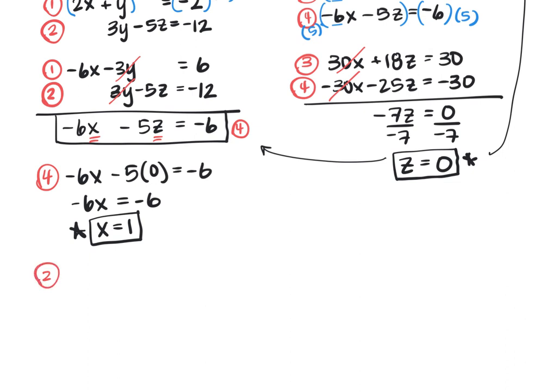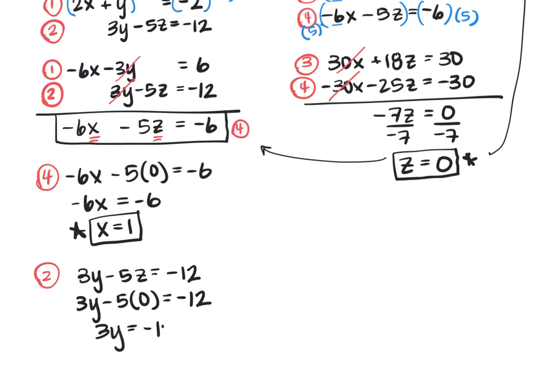So equation 2 was 3y minus 5z is equal to negative 12. But we have solved for z. We know that z is equal to 0, so I substitute that value back in. That gives me 3y is equal to negative 12. I divide by 3, and y is equal to negative 4. And now I have solved for x, y, and z.